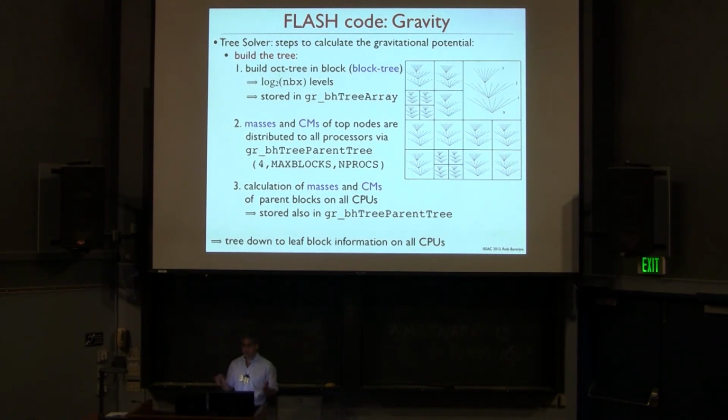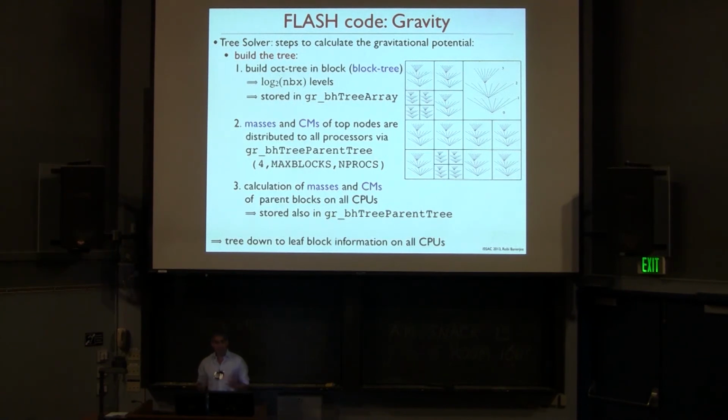So on these 8 grid cells in each direction, you build a hierarchical block by this number of levels. And of course for 8, that's 3 levels, starting with the top level 0. Then you can calculate for each level the masses and the mass centers.